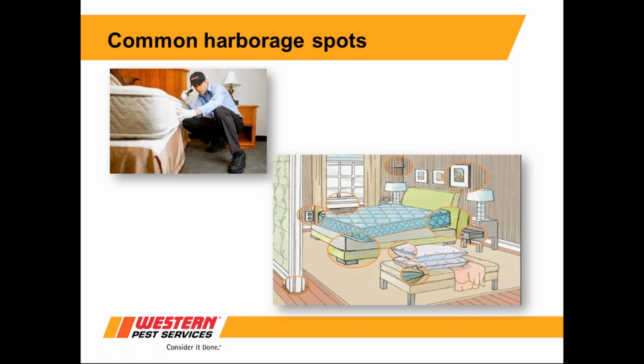Inside drawers, so not only nightstand drawers, but drawers where there might be a dresser, they'll hide in there, and not just inside the drawer itself, but on the bottom side of the drawer also, so in the gaps and cracks under there. If there are chairs or ottomans or sofas, they can hide in cracks and crevices in between the upholstery there also. So those are some other locations they can hide.